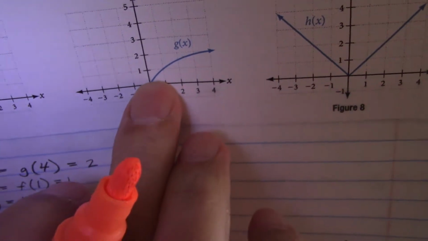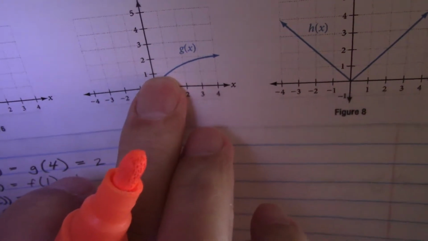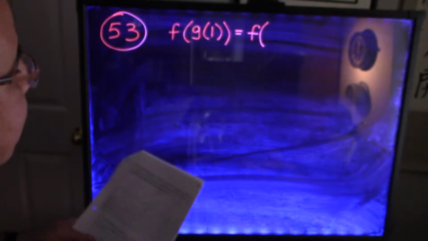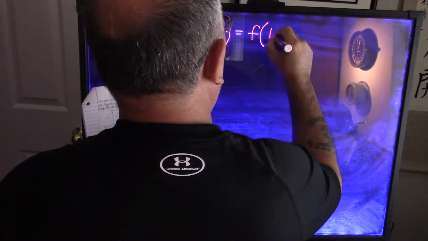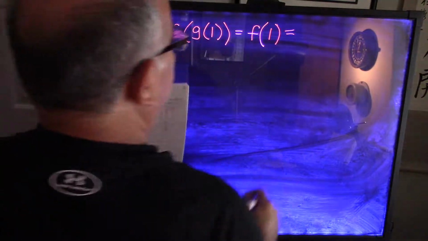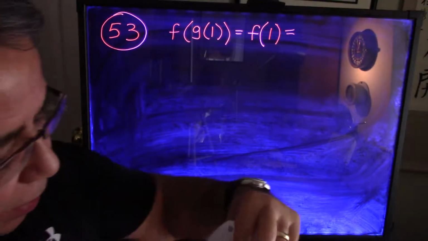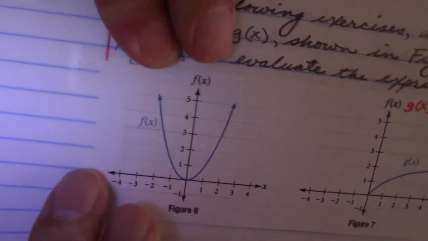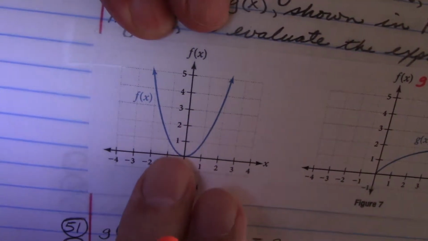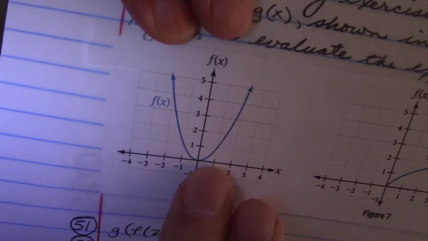See, there's x equals 1, y equals 1. So g of 1 equals 1. So we need f of 1 now. So that's figure 6. I have a feeling it equals 1, right? F of 1 is 1, right? Okay.